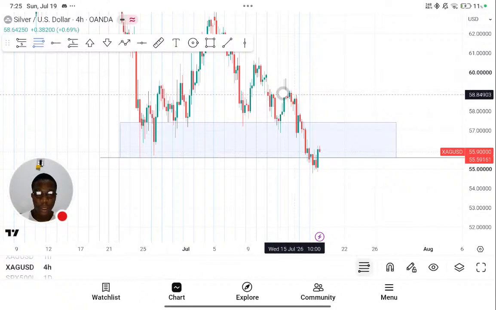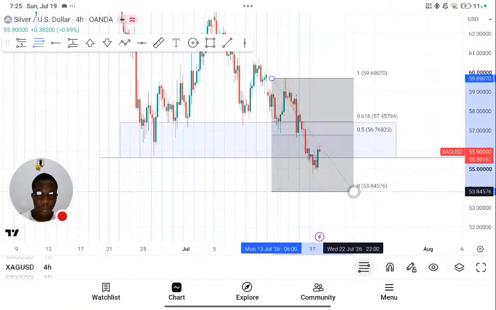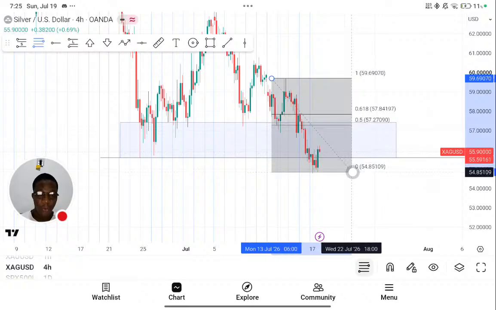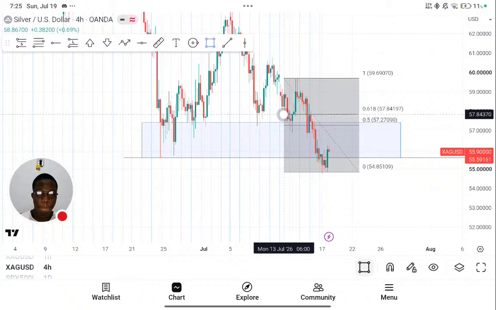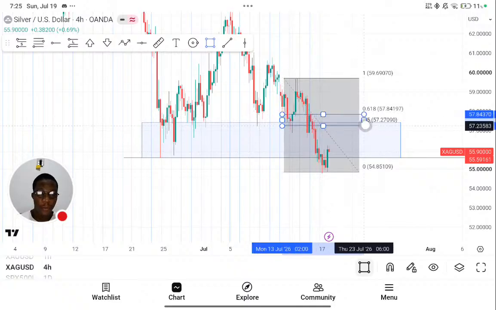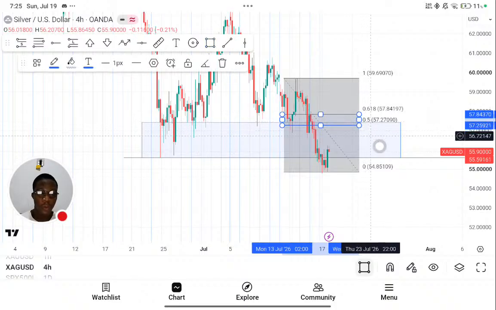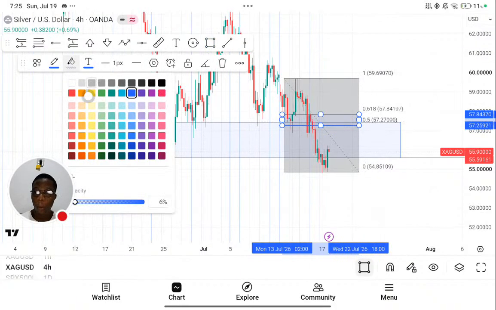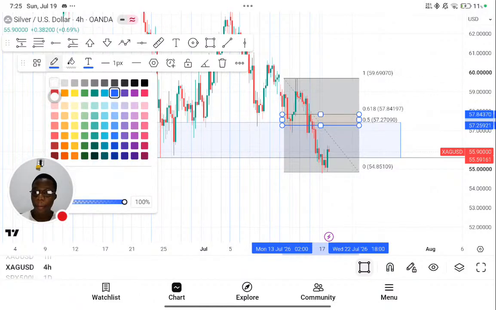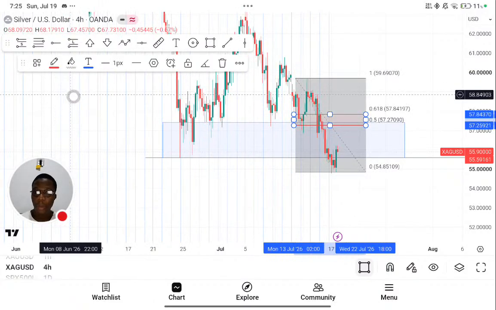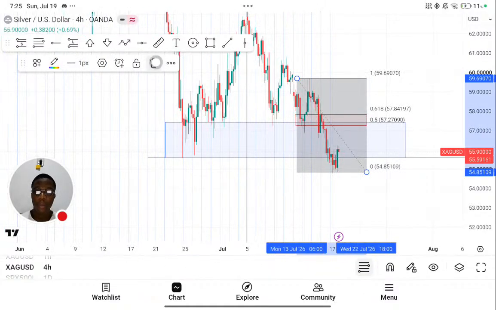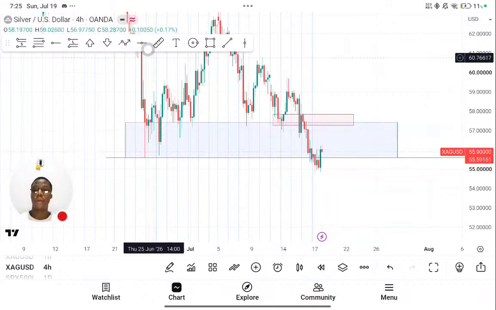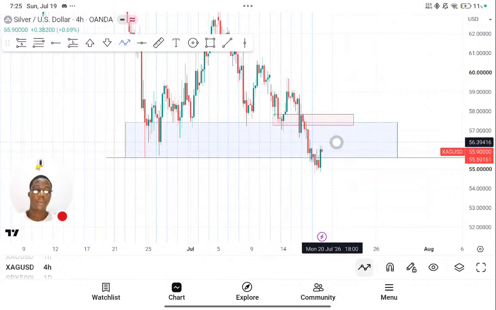Continuation to the downside from this level, from 57,800 to 57,200 zone. So this is what we're looking at on silver as well.